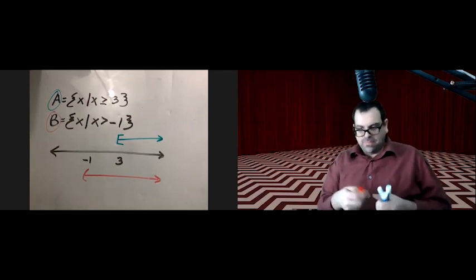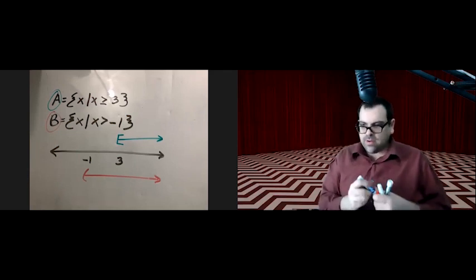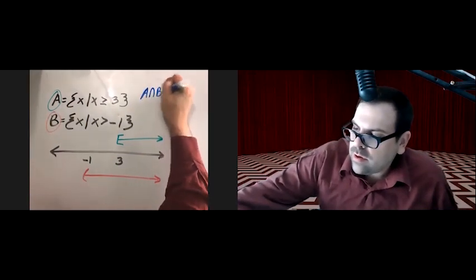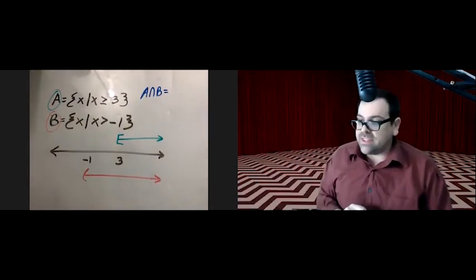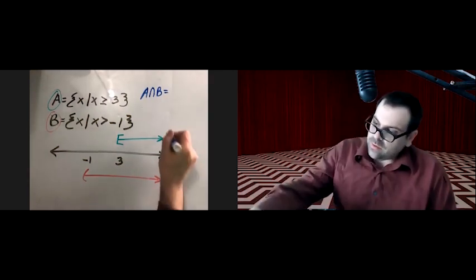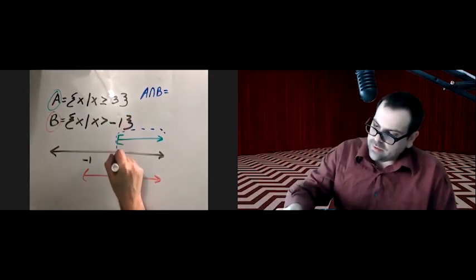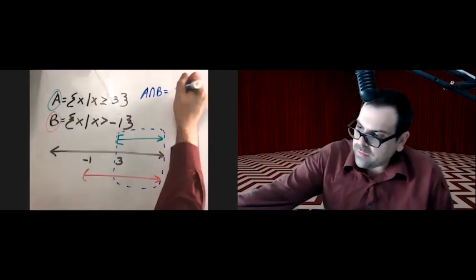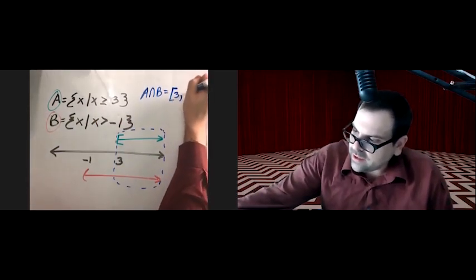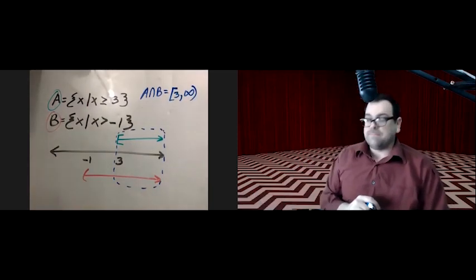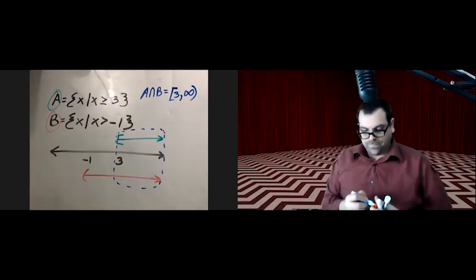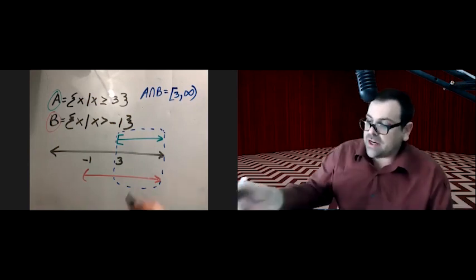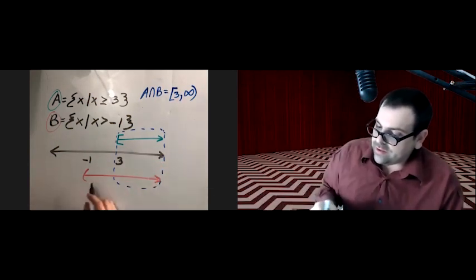The overlap is the intersection. Where does it overlap? Right here, from 3, including 3, to infinity. The intersection is all of it.